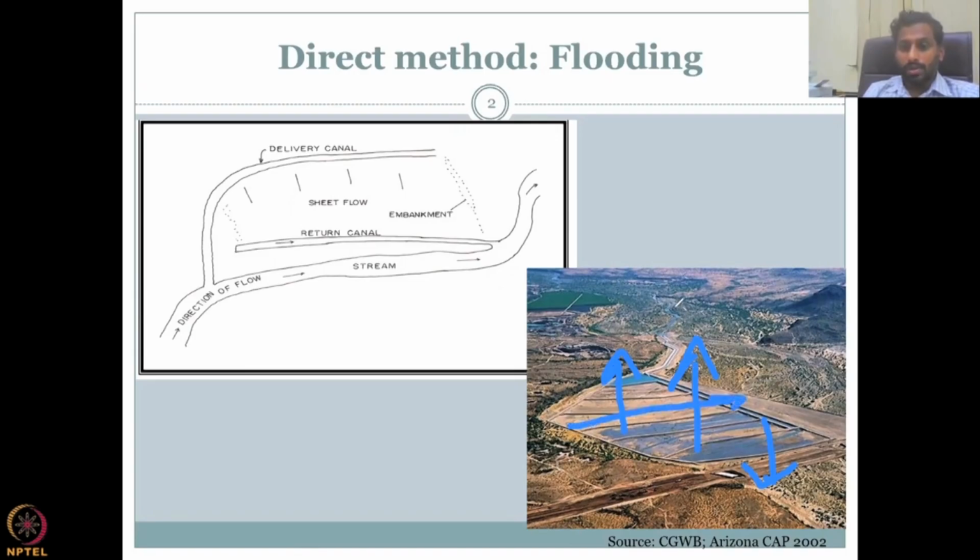So this is how water moves. Okay, so assuming water is moving this way, it goes this way. And you have a lot of this part, the delivery channel, and then a lot of inlets for water to go this way. So water is going that way. Okay, and it recharges as much and then goes to this point, the main return canal, and then goes back down.